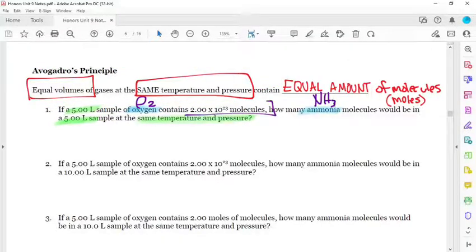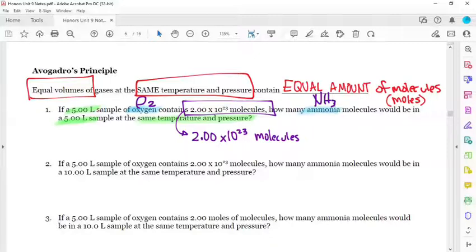So if I know that there were exactly 2 times 10 to the 23rd molecules of oxygen in its container, then I would also be able to determine that there are exactly 2.00 times 10 to the 23rd molecules of ammonia in the same size container at the same temperature and pressure. If everything else is the same, the number of molecules will be the same, even if they're different gases.